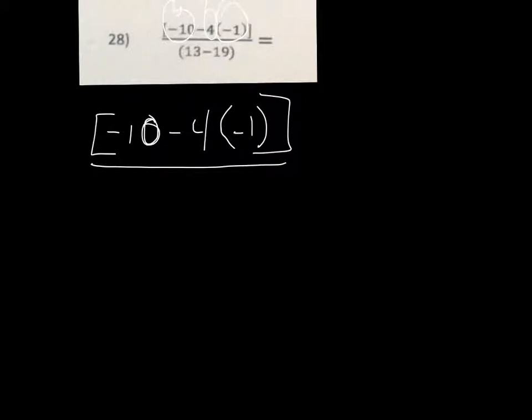I don't know if I said that right at the very beginning, but it is negative 10 minus positive 4 times negative 1 for the top. And then underneath we have the difference of 13 and 19. 13 minus 19.